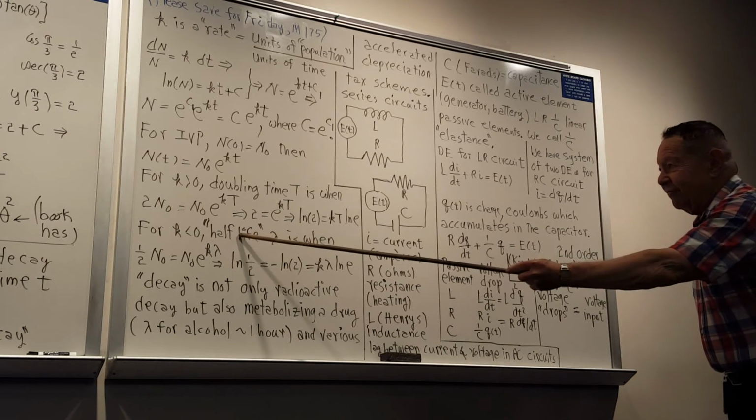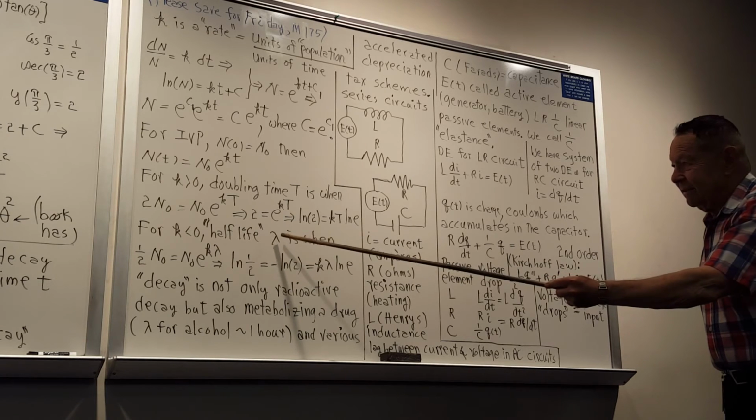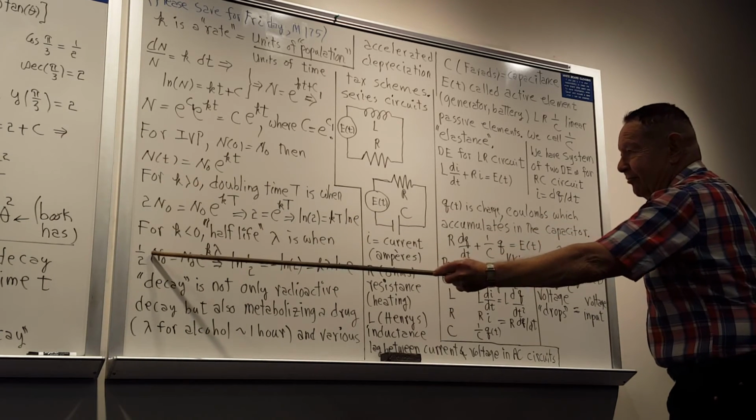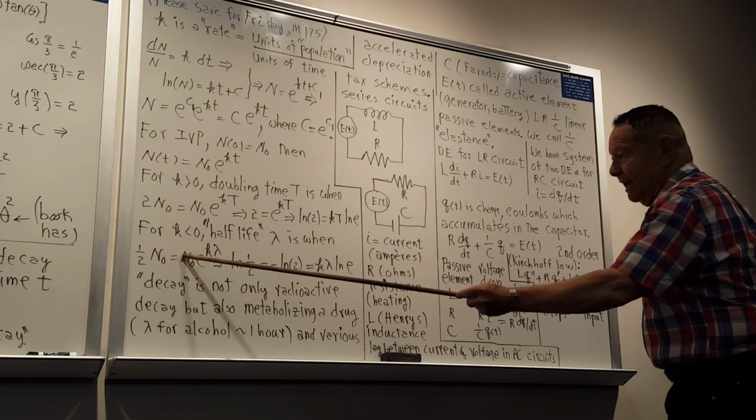What about half-life? This is the Greek letter lambda. Lambda is when your count is half what you started with. And again, that won't matter.